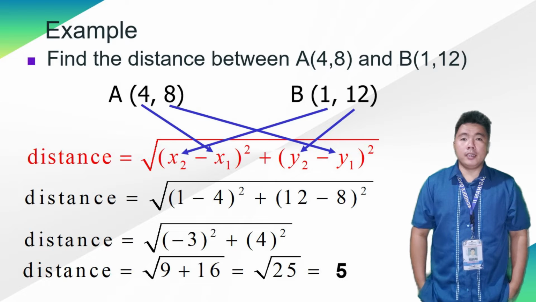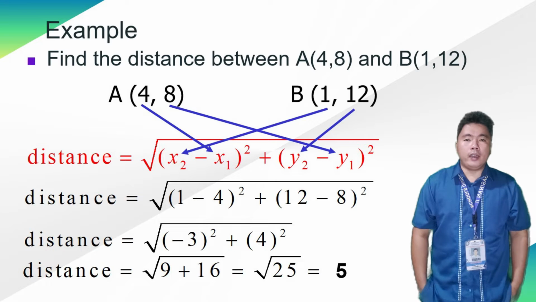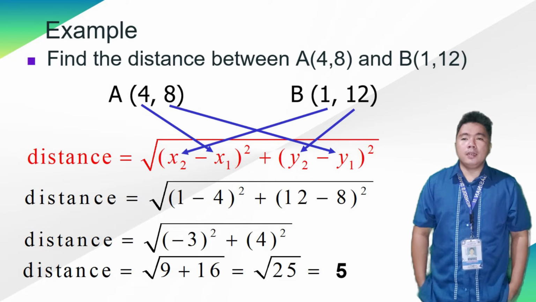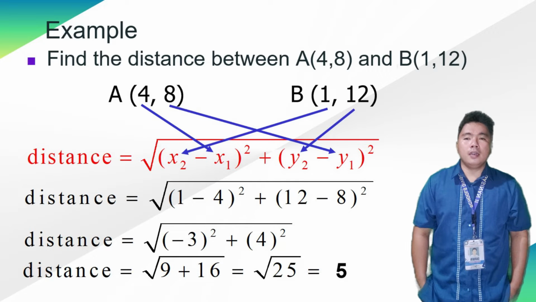And to give you more idea on how to use the distance formula, let's have an example. Find the distance between point A and point B, wherein point A is in the coordinate of 4, 8, and point B is in the coordinate of 1, 12.